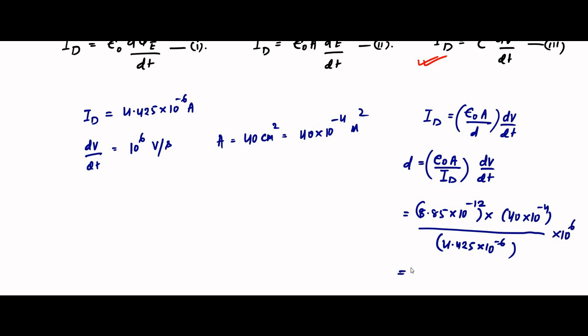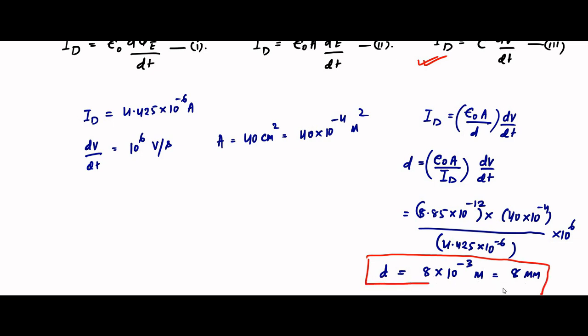If we make the calculations, approximating, it is coming around 8 into 10 to the power minus 3 meters, so it will be 8 millimeter. The separation between the plates is 8 millimeter.